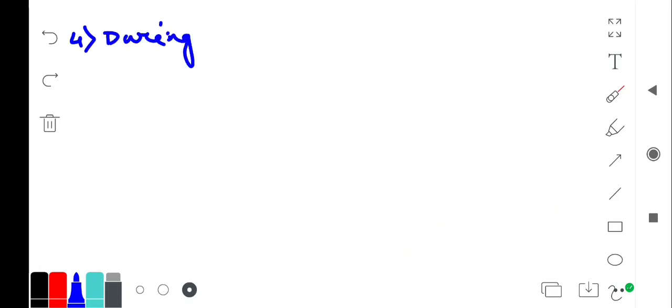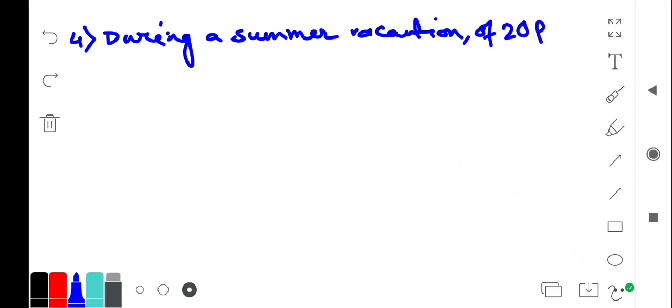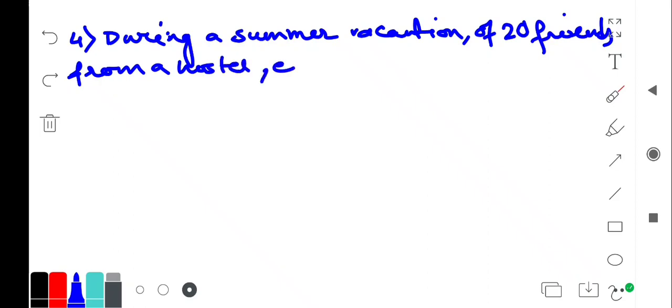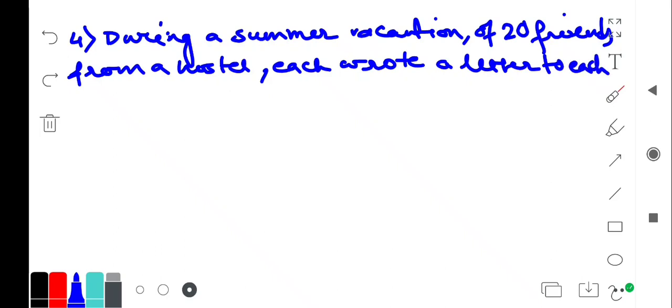During a summer vacation of 20 friends from a hostel, each wrote a letter to each of all others.